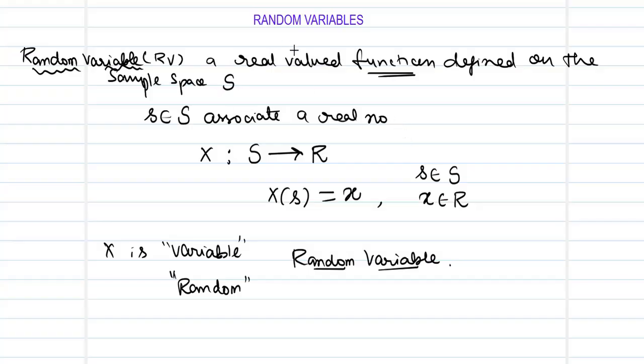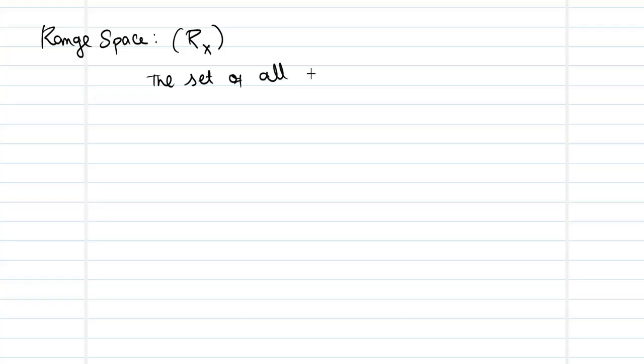Next, we will see the definition of range space. What do we mean by range space? Denoted by script R suffix x, the range space of the random variable X denotes the set of all values taken by a random variable X and is denoted by Rx.